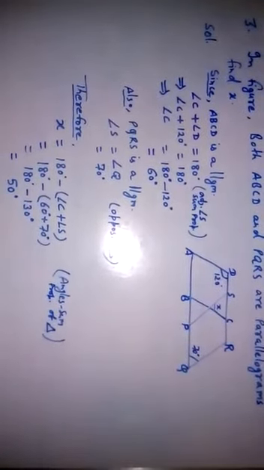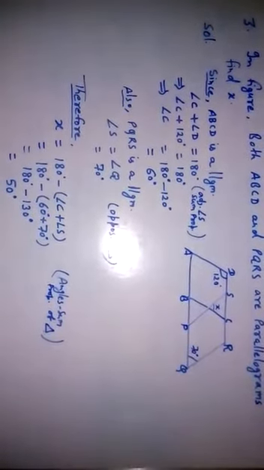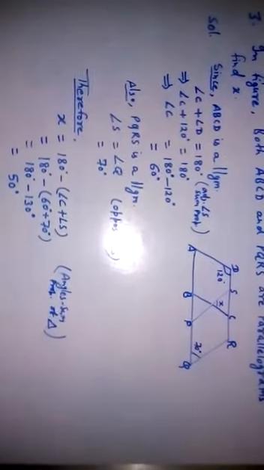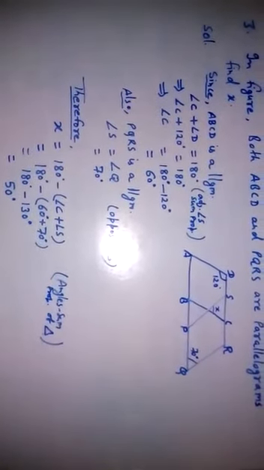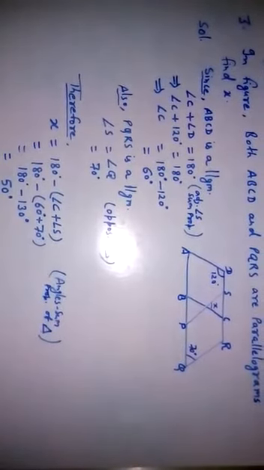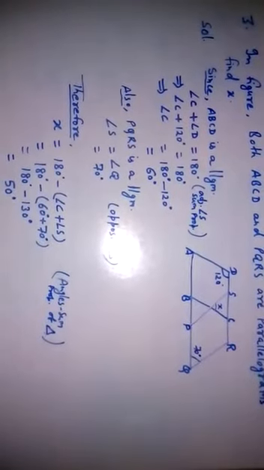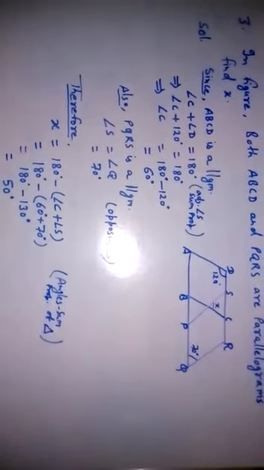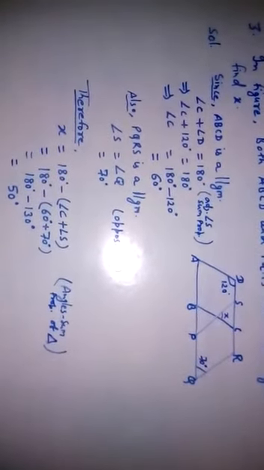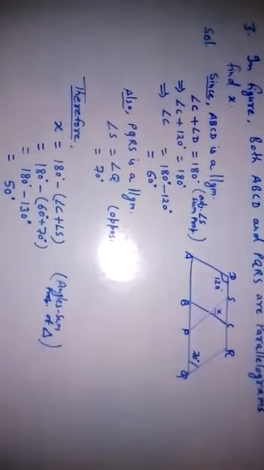So 180 minus angle C plus angle S equals to 180 minus, angle C value is 60 and angle S value is 70 degree. So 180 minus 60 plus 70 degree equals to 180 minus 130 degree, that is 50 degree. So here we find the value of x, that is 50 degree.